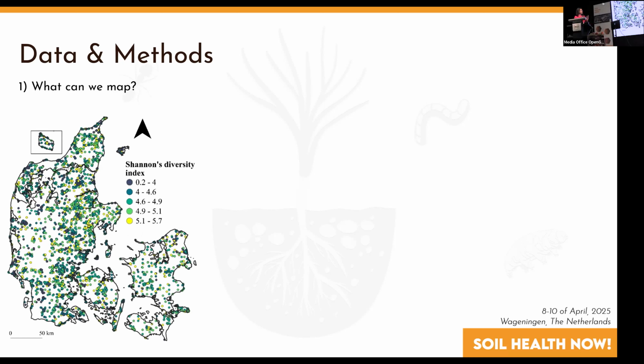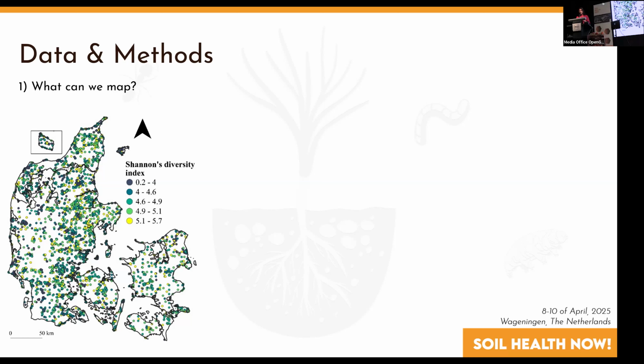So this is the first thing we did with our table, to calculate these indices and also others, but that's the most common. But then the point is, according to the presentation this morning, the keynote speaker mentioned that it's very difficult to figure out what is the best index to represent soil diversity.